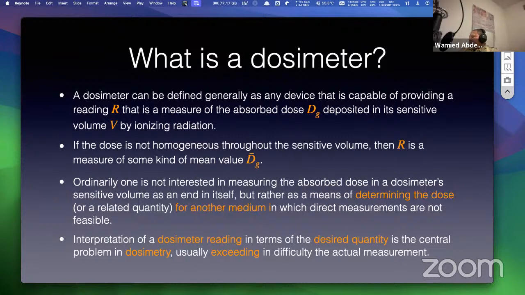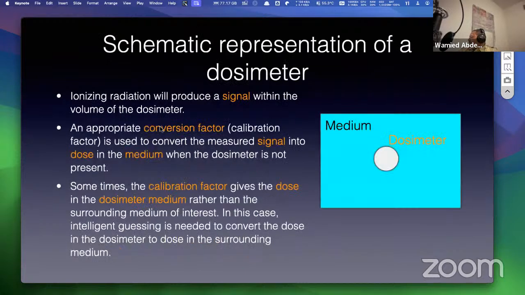As in chambers, we read a charge, but we're not interested in knowing the charge. We're interested in knowing the exposure, or the dose. So the conversion of the reading into the dosimetric quantity of interest could be challenging or difficult.